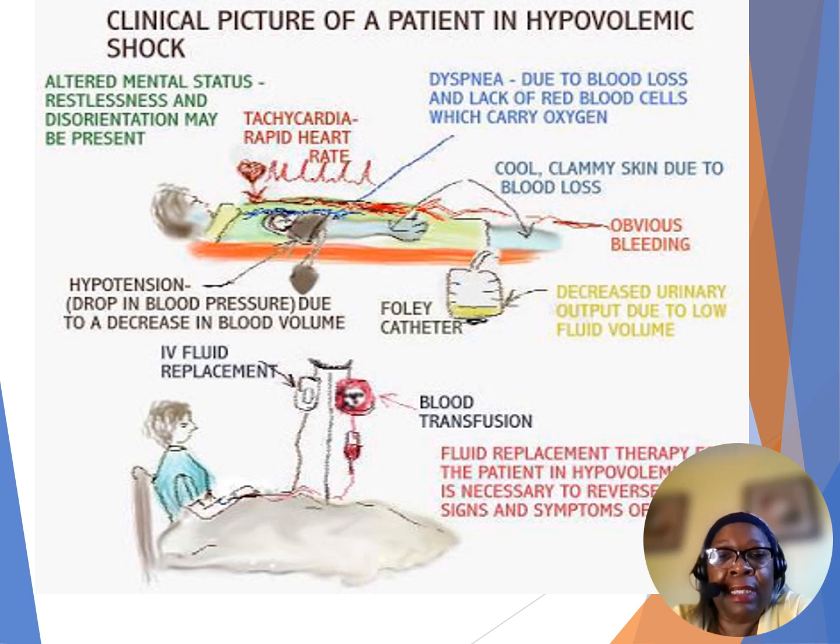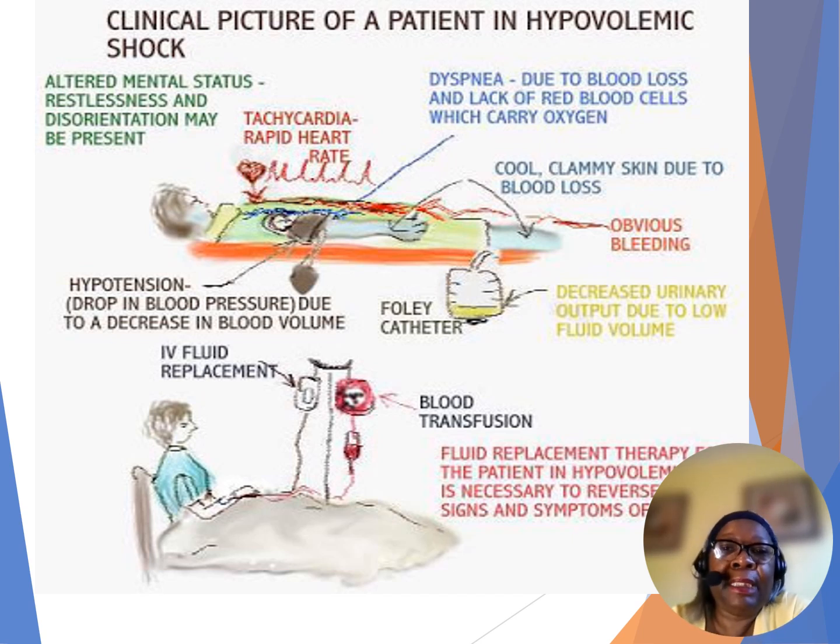All right, so now let's look down here. We have IV fluid replacement and a blood transfusion. Fluid replacement therapy for the patient in hypovolemic shock or with hypovolemic anemia is necessary to reverse these signs and symptoms. The urine output is going to be less than 400 mLs in a 24-hour period.